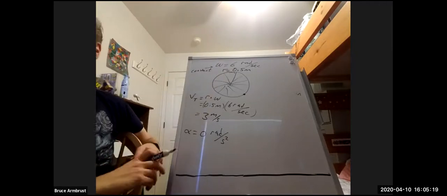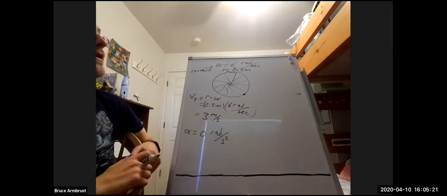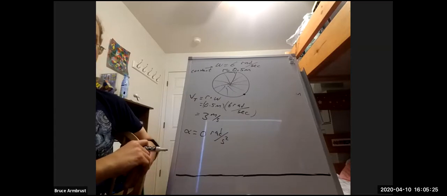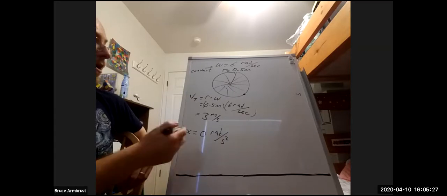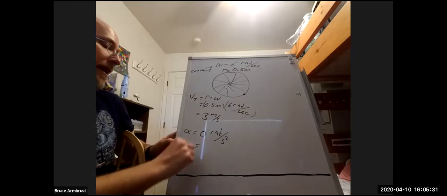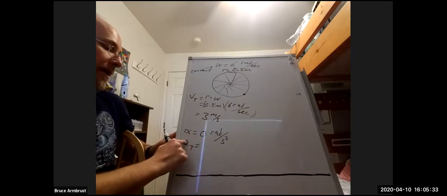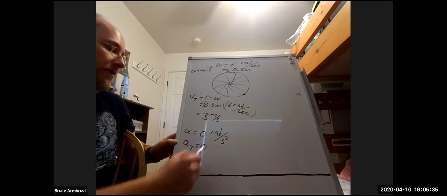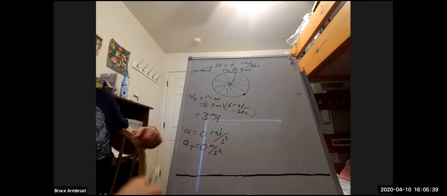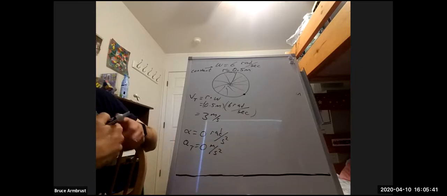If we had a variable angular velocity, then alpha would be different than 0. All right, well, if alpha is equal to 0, that means that the tangential acceleration is also 0, because remember, a_t is equal to r times alpha.